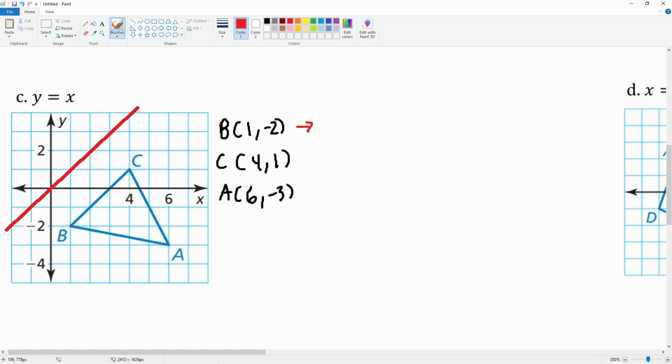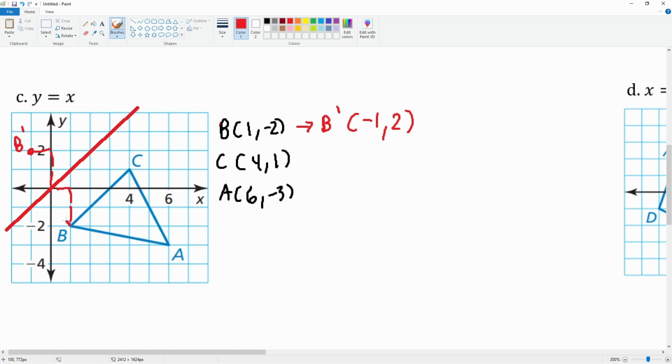This is up 1, over 1. So it's going to be this. This is going to be B prime. So notice B prime is the point, what is that? -1, +2. Okay, so it was a 1, -2. It became -1, -2.